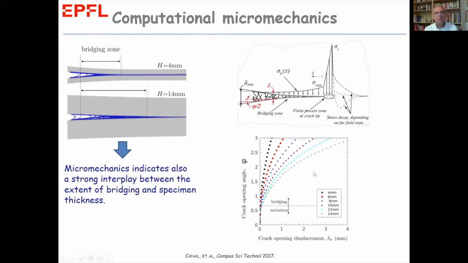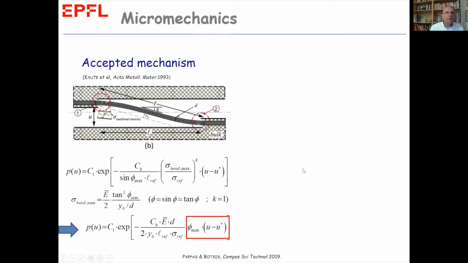Now let me go back to the micromechanics and try to justify, at least micromechanically, why the angle is very important, or the angle, or the curvature, or eventually the bending. So here I showed you a mechanism that has been reported in the literature by KAUST back in '93. They considered a fiber bundle under bending between 2 parallel crack faces.